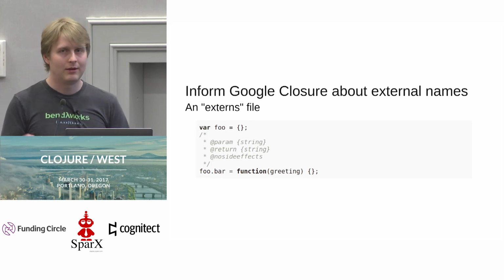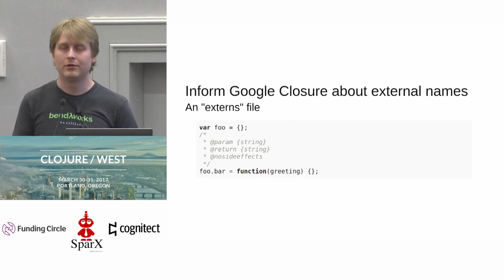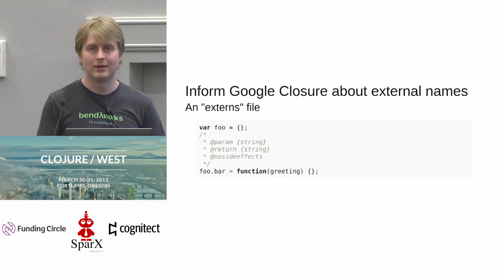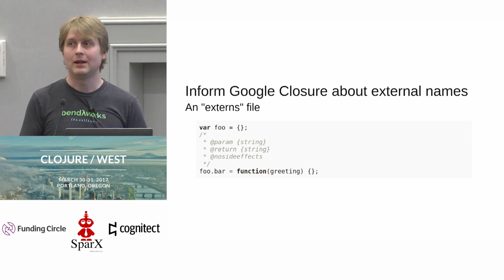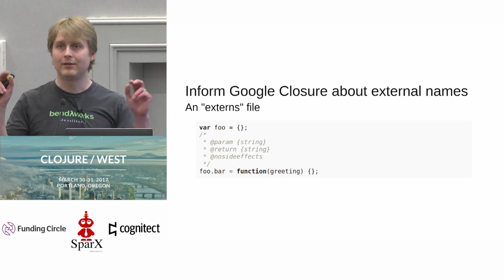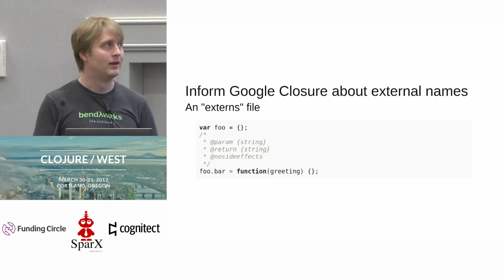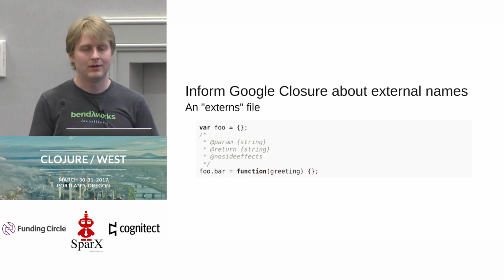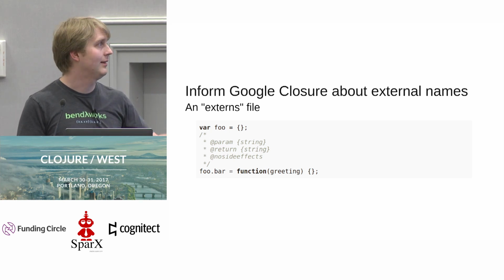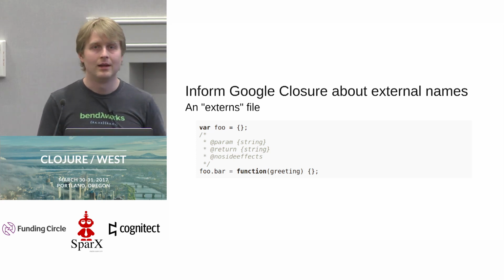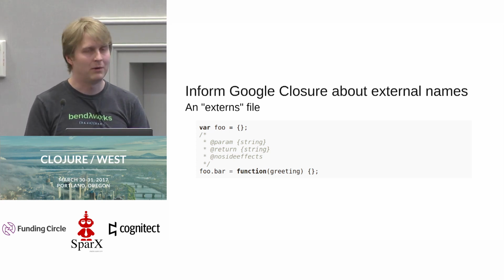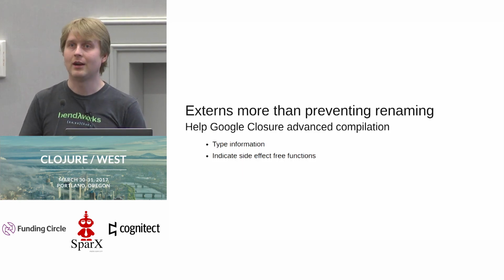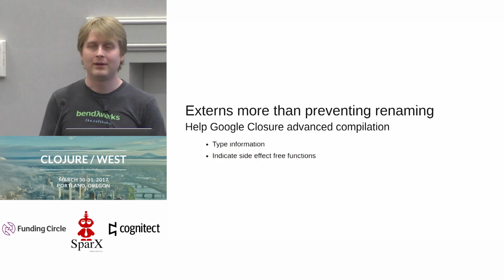And so what we need to do is inform Google Closure about all of the external names that we're going to use. And we do this through a file of external names, or an externs file, that we then write here, saying here's a foo object, and its method bar has one parameter. And you can see all this extra annotation alongside the bar method that is not technically needed, but externs are much more than preventing renaming.